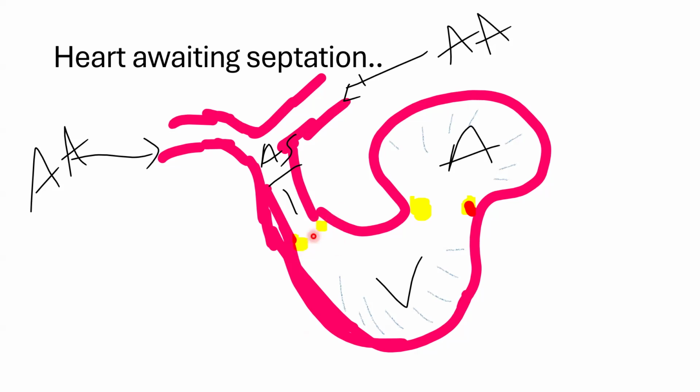the cushion here forms in such a way that the anterior mitral valve leaflet, which forms from this cushion, and the aortic valve, the left cusp, which forms from this tissue, must be in continuity because they are so close to each other. So when this valve forms and this valve forms, they must be close to each other.